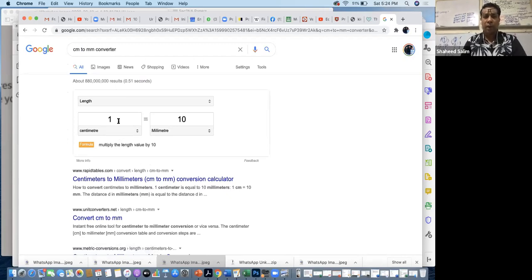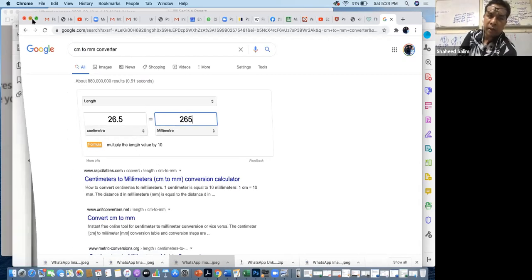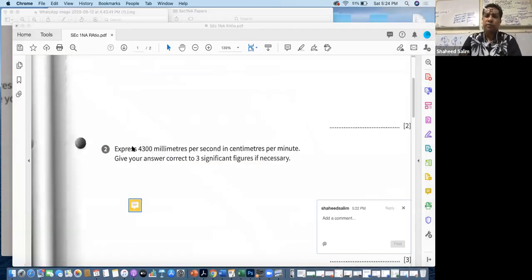So you put 1 cm, 10 mm. 265 is 26.5. So you know this already. Now you must change this first to cm. How to change? Divide by 10. You divide by 10, then you can get it.